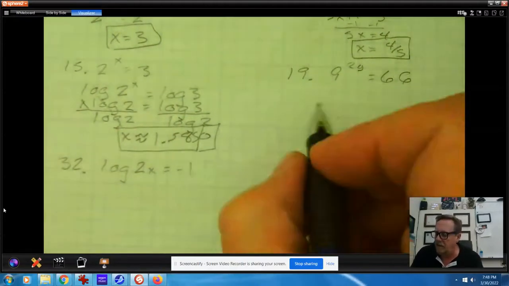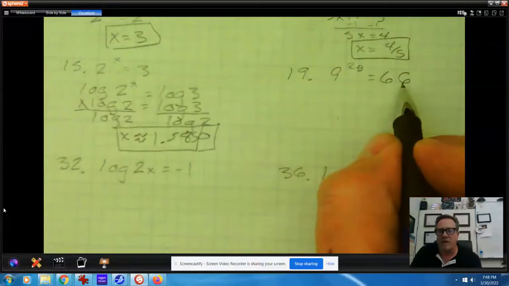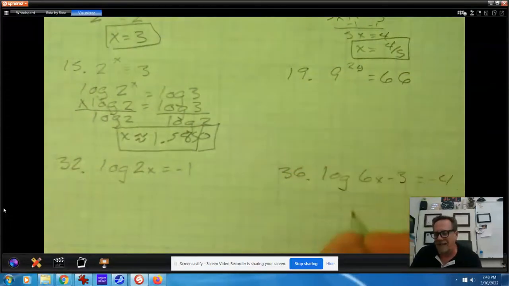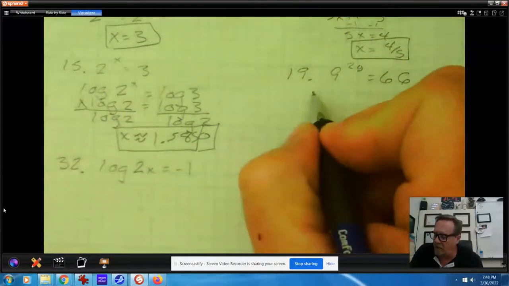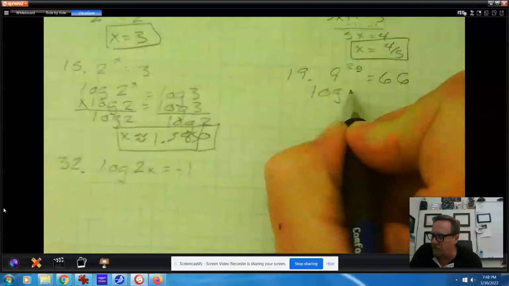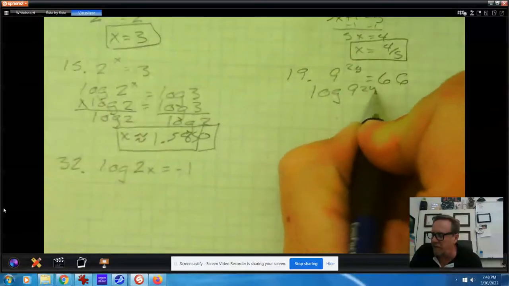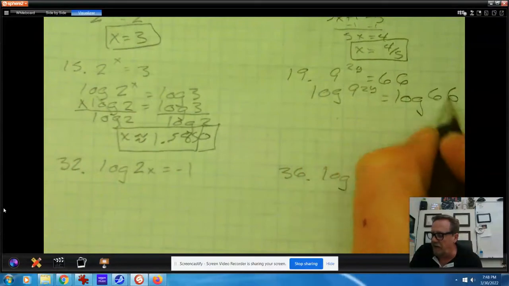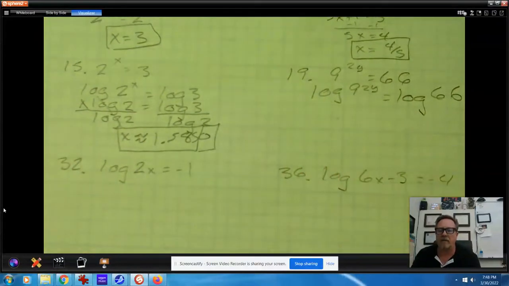See how this works. When it's an exponential problem, we can solve it by taking the log of both sides. So let's do the log of 9 to the 2y is equal to the log of 66. We just took the log of both things.